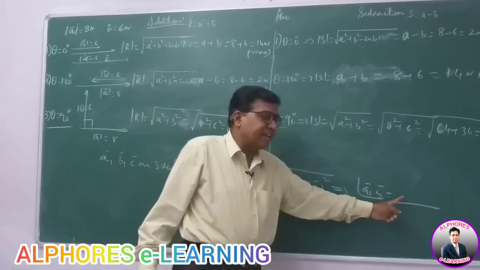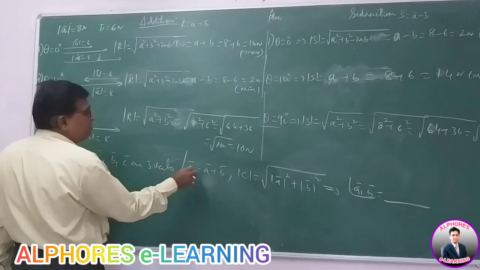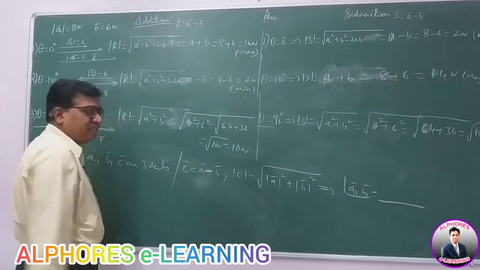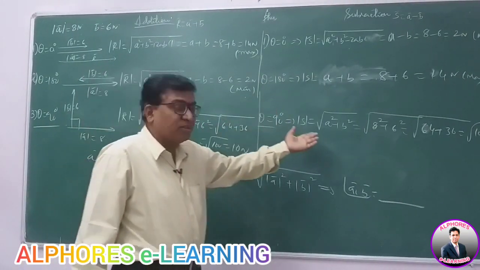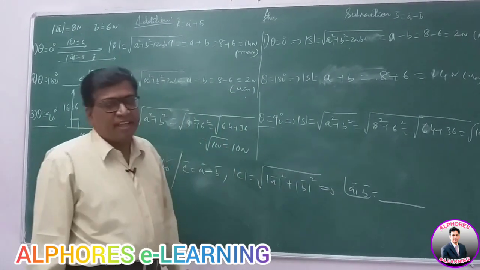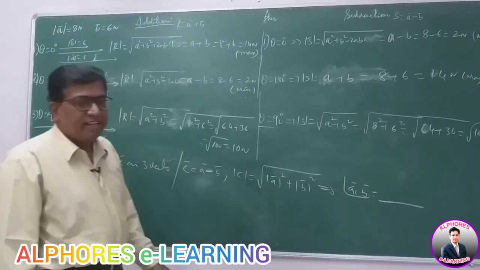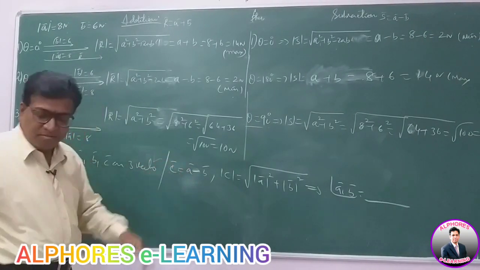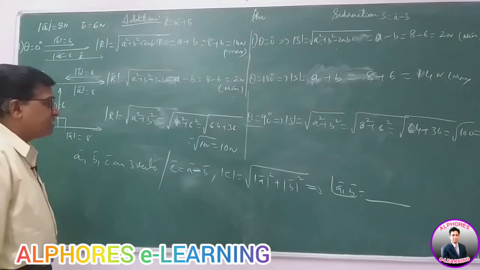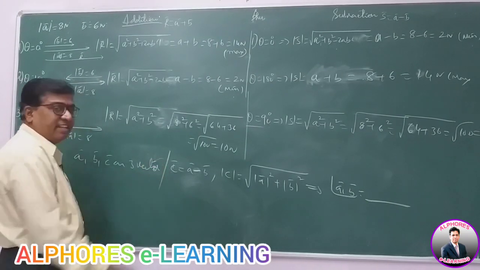So the angle is 90 degrees, both are perpendicular. Same thing if C bar is A bar minus B bar: it is also root of A square plus B square when theta is 90. It is possible only when they are perpendicular. So the mod of the addition resultant or subtraction resultant are both the same when theta is 90 degrees, when vectors are perpendicular.